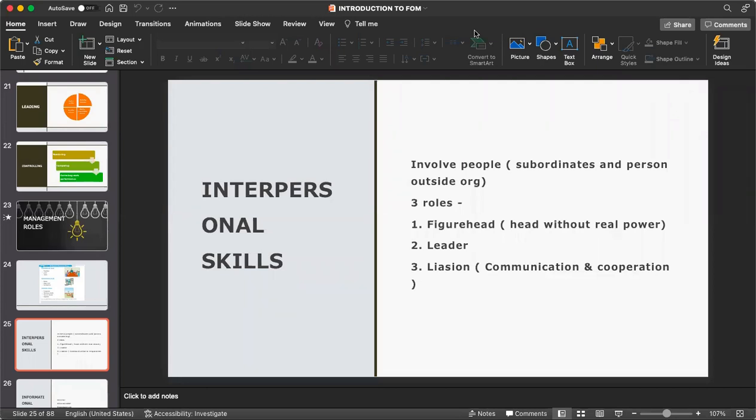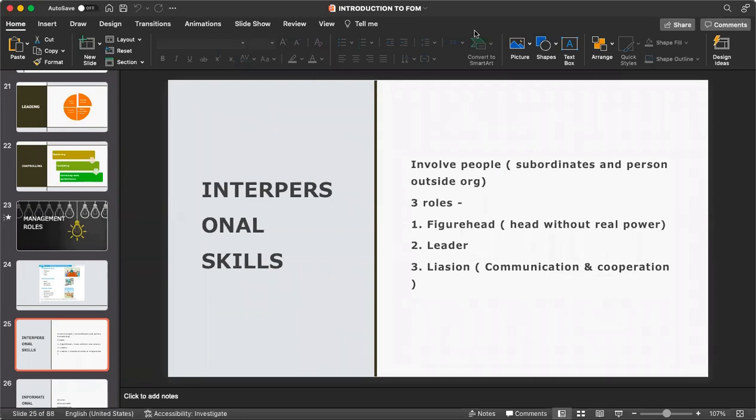And creating that branding, that credibility, is not a one-day affair. Interpersonal skills say the same, because you must know how to communicate, what to communicate, how much to communicate, and in what context to communicate.